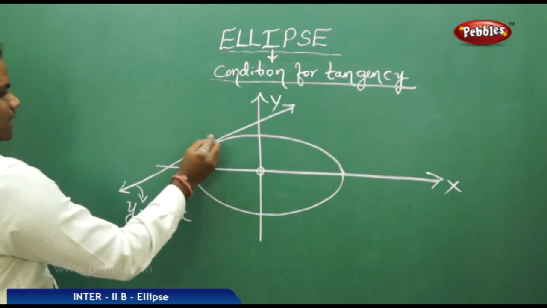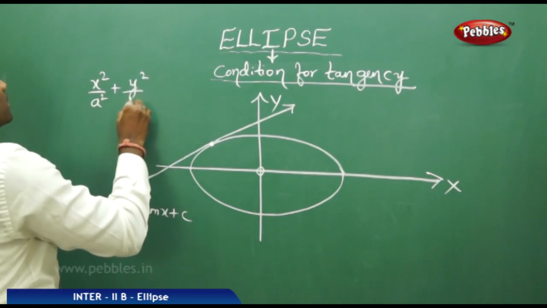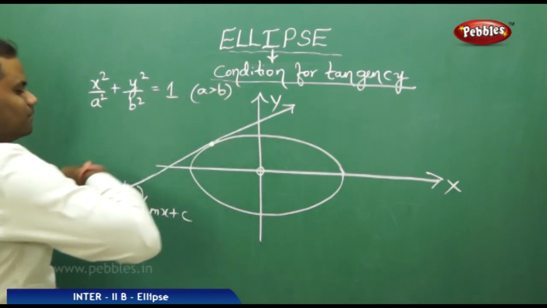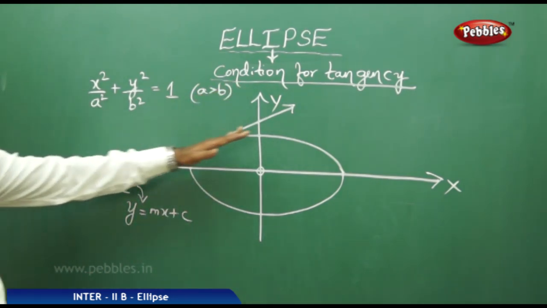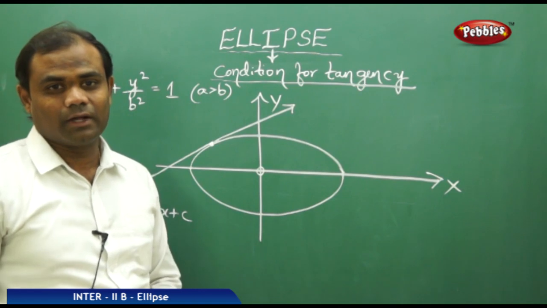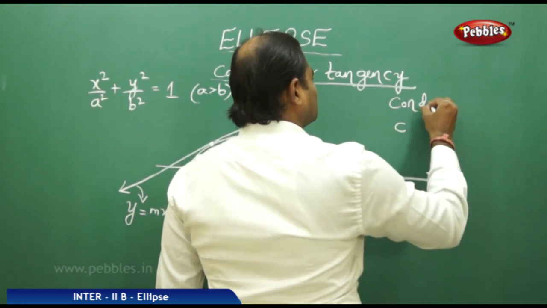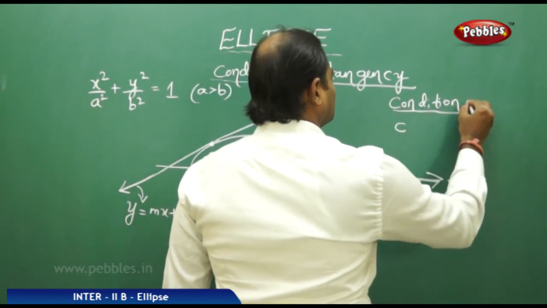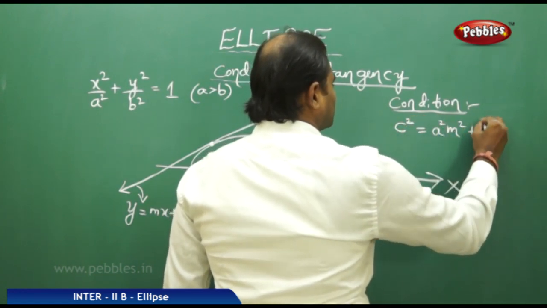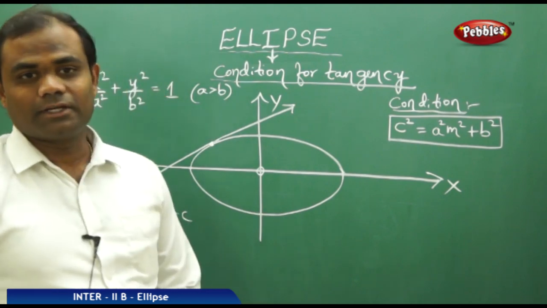Then for the ellipse given by x squared by a squared plus y squared by b squared equal to 1, of course here a is greater than b, the condition for this line to be a tangent is simply that c squared equals a squared m squared plus b squared.